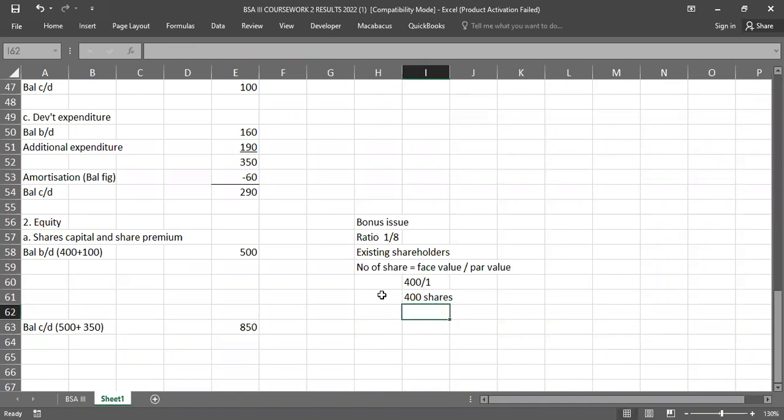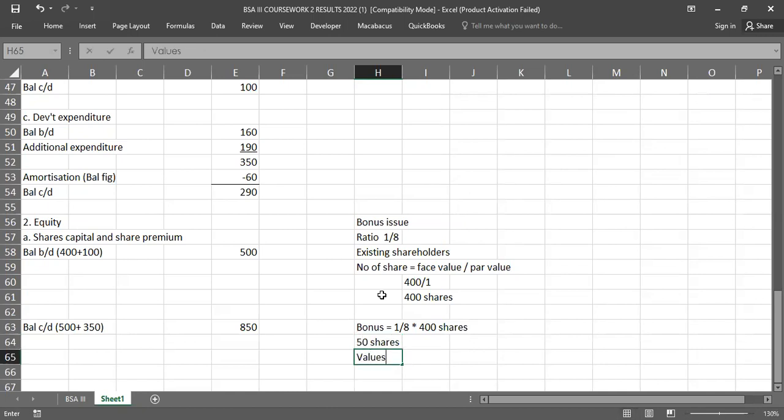Now for the bonus issue, how many more shares do we issue? It's 1/8, one for every 8 held, and we held 400, so the bonus issue was 50 shares.